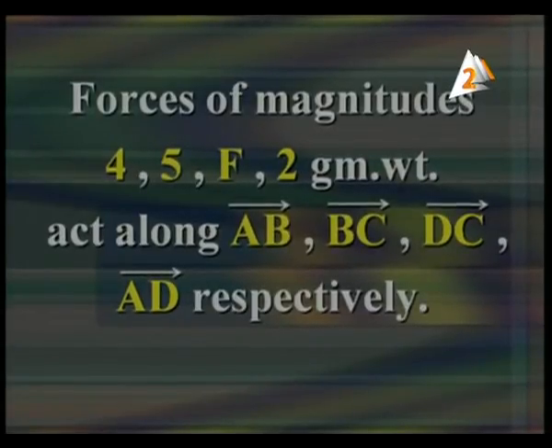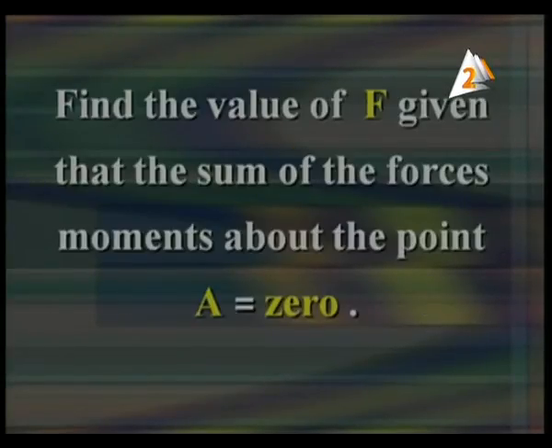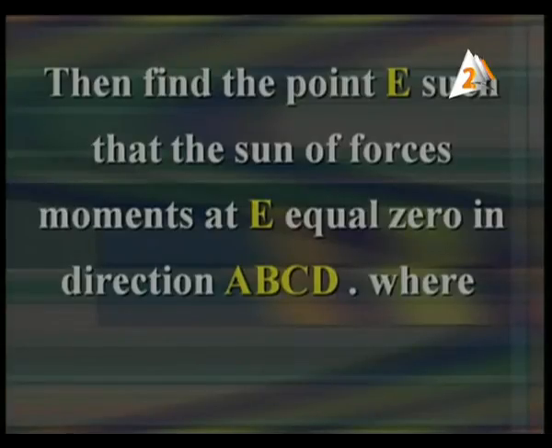Now, find the value of F, given that the sum of the forces' moment about the point A equals 0. Then find the point E such that the sum of the forces' moment at E equals 0 in direction of A, B, C, D, where E belongs to BC.